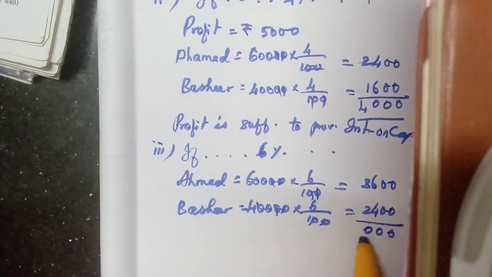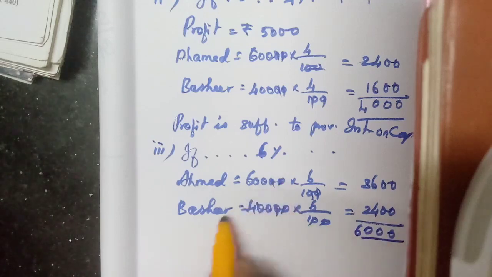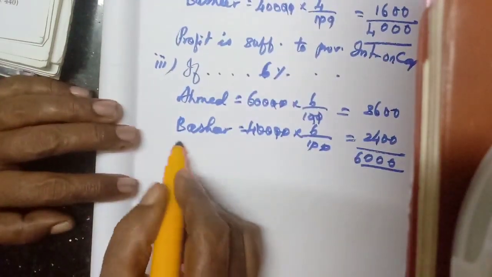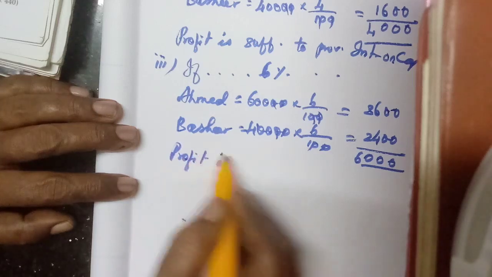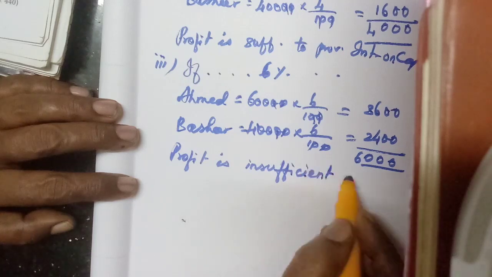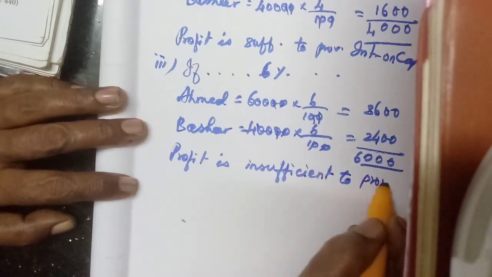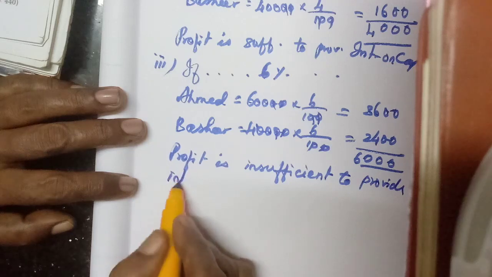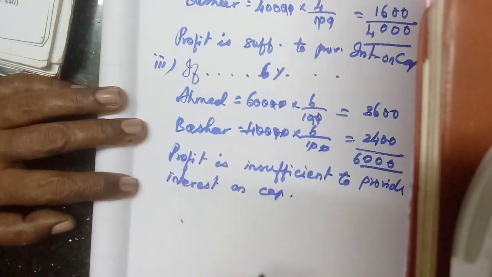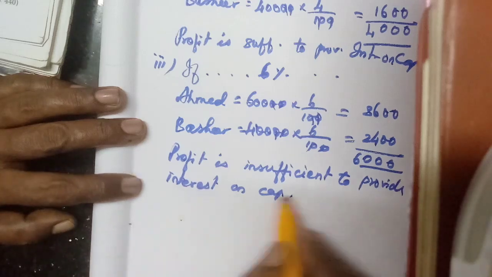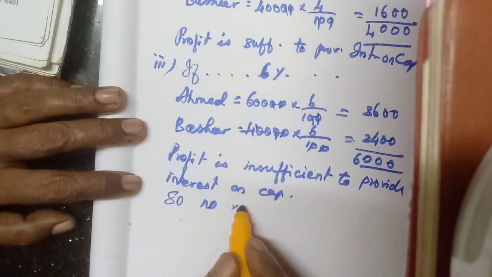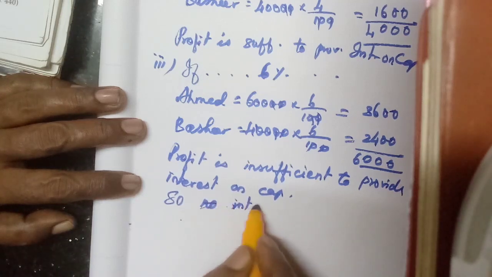Add and find out, 6,000. But we have only 5,000. Profit is insufficient to provide interest on capital. So interest on capital is not provided.